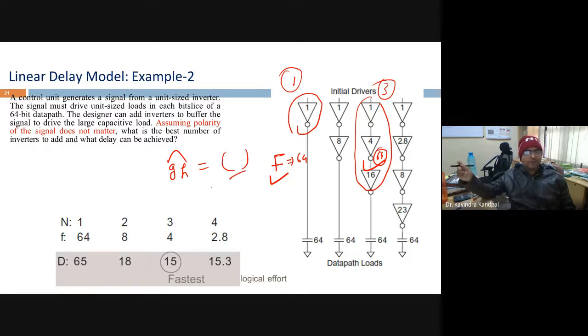So what I'm trying to say is, adding any number of inverters in a particular path is not going to change your F. And the second point: sometimes it looks to us that one inverter driving a load is the best approach, but it is not true. It totally depends upon the surrounding condition.